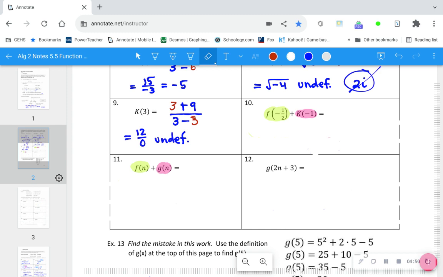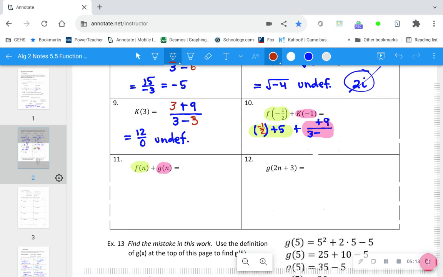Okay. The next problem here uses both f and k, and it plugs different values into each of them. So we're going to uncover the f. F adds 5 to the number, so let's just put in -1/2 there.